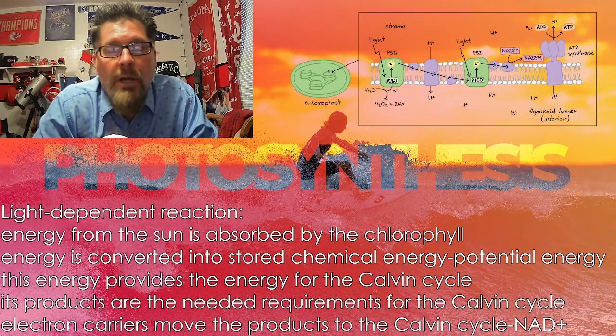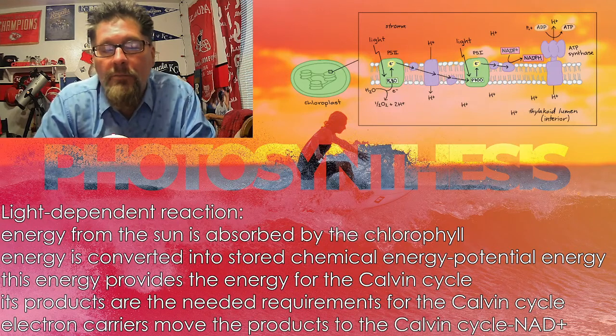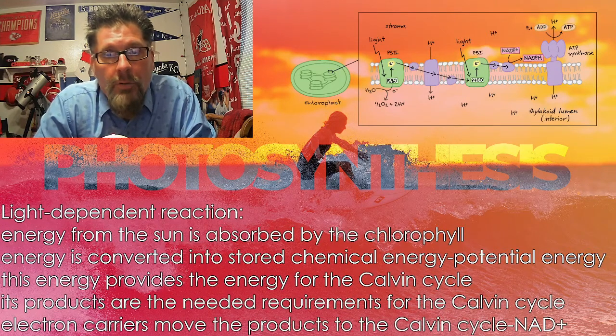So those steps are very, very similar to the electron transport chain for cellular respiration that we talked about in our last chapter. So you should be very familiar with this process, familiar enough to pick up all the things that you're already aware of, and the processes that are new and unique to photosynthesis.